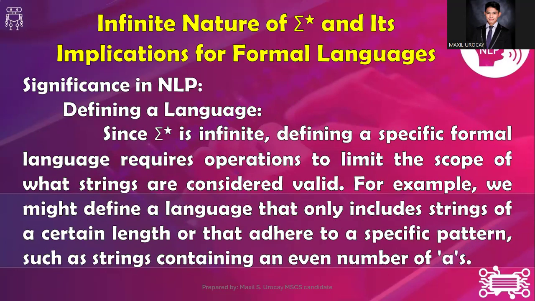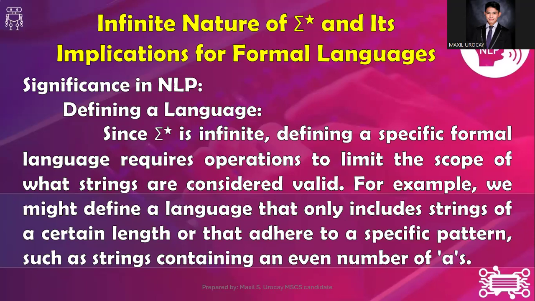Since the alphabet Kleene star is infinite, defining a specific formal language requires operations to limit the scope of what strings are considered valid. For example, we might define a language that only includes strings of a certain length or that adhere to specific patterns, such as strings containing an even number of a's.